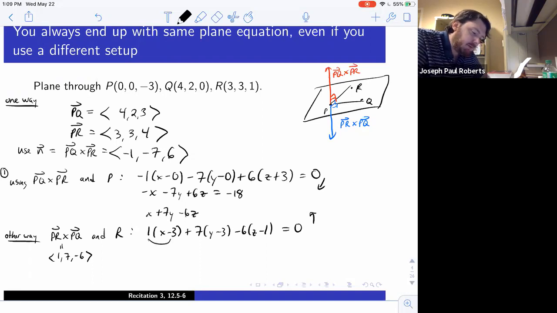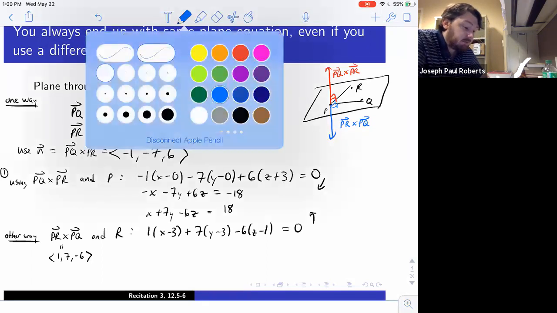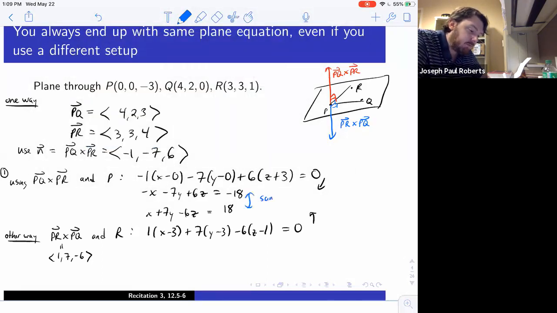Minus 3 minus 21 is negative 24, plus 6 is negative 18 on the left-hand side, which means it's going to be plus 18 on the right-hand side. And then, yes, these are clearly the same equation, because the one is just the other multiplied on both sides by negative 1, of course. So at the end of the day, it's the same equation.